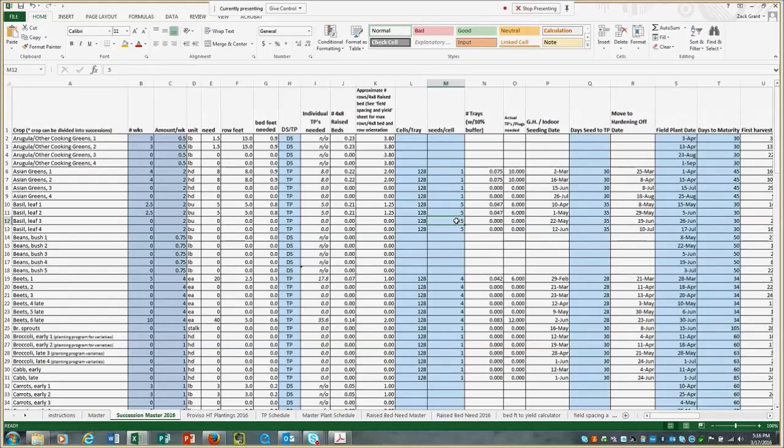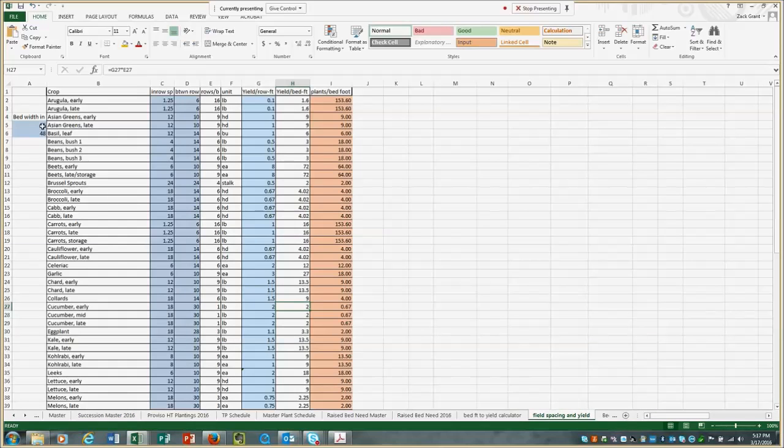So, for instance, in your case, you have some beds that are 3 feet wide by 12 feet long, and you have some other ones later on that are 4 feet wide by 12 feet long. You can just go to the field spacing, and I just pulled it up, you can see this. You can just make 2 different bed widths for the 2 different spacings.